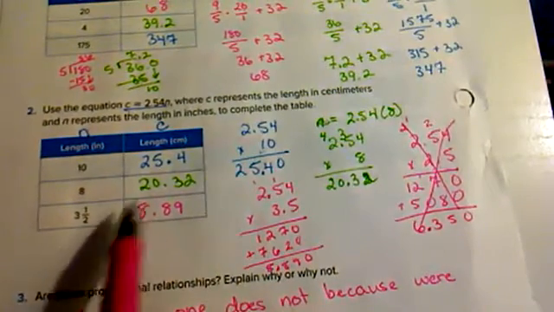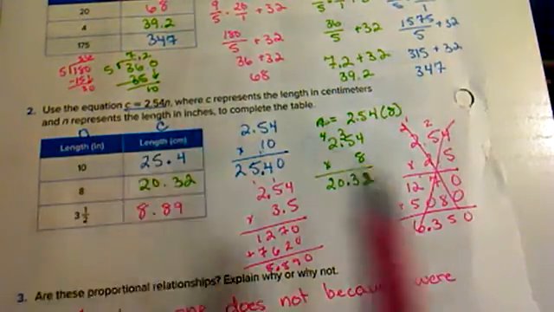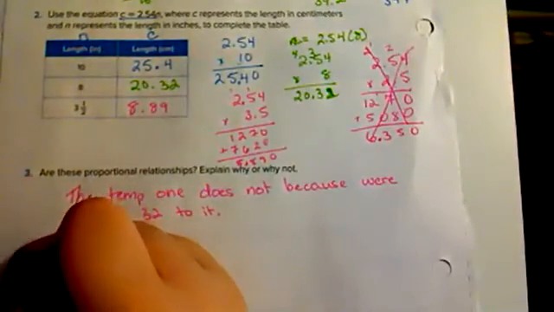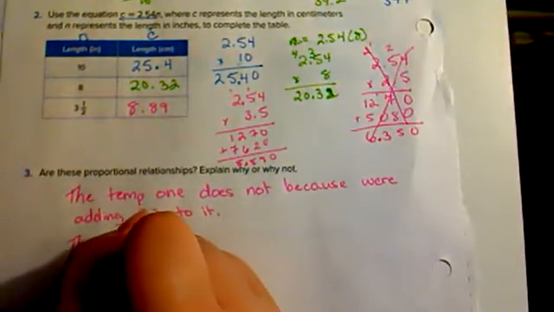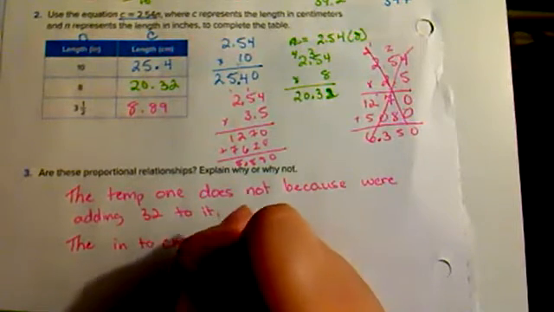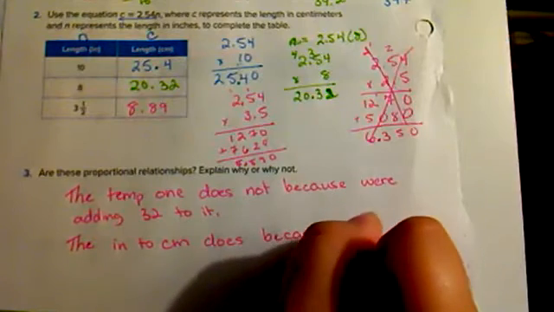But the second one, I think it does because we're only multiplying by the 1 and we're not adding anything to it. So the inches to centimeters one does because it's not having anything added to it.